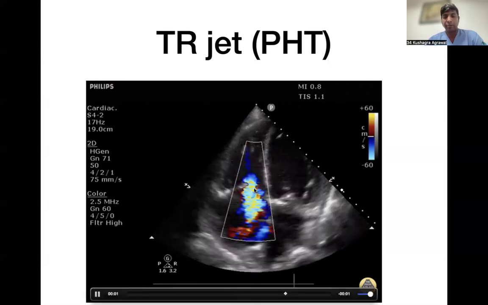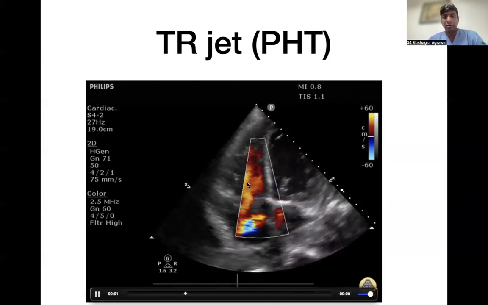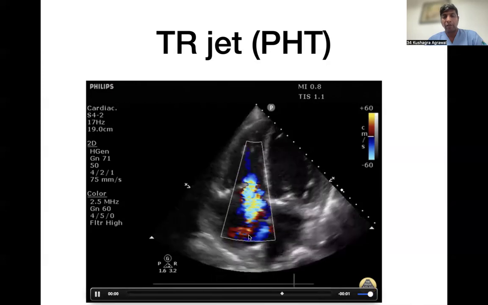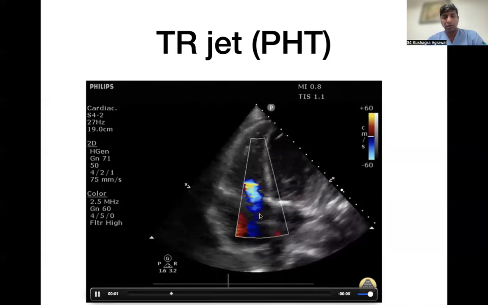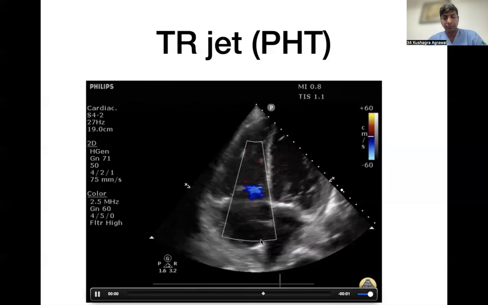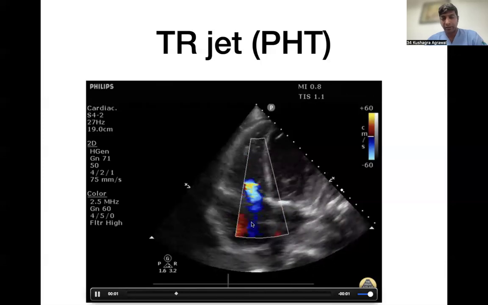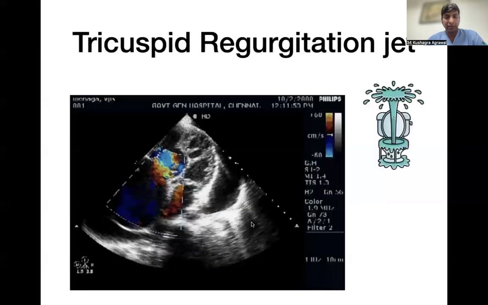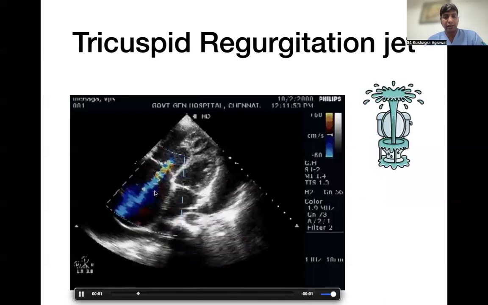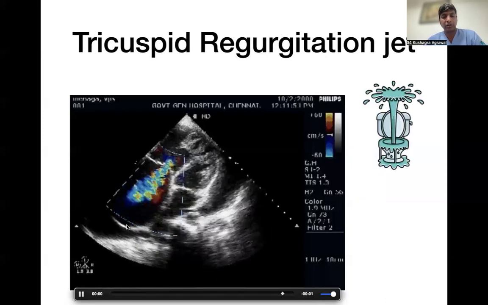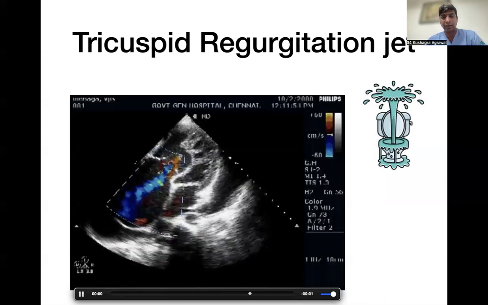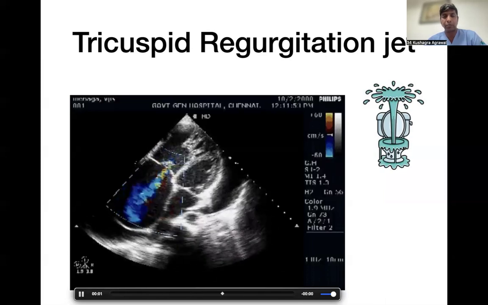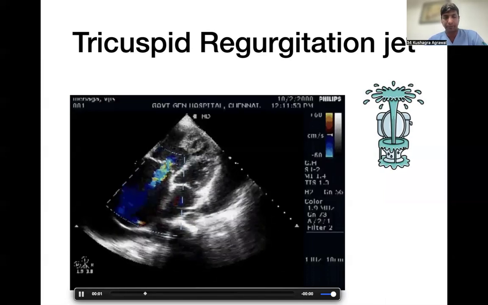See, when we put color, it is moving away from your echo probe. So it is the TR jet. In the next video, you can see this TR jet is almost approaching towards the superior wall of the right atrium. It shows severe pulmonary hypertension.